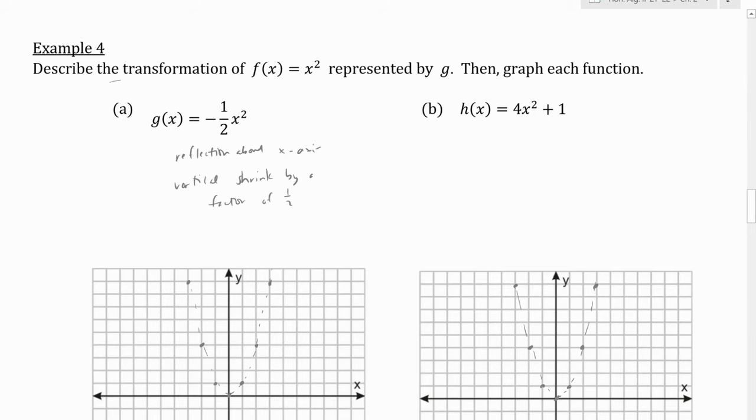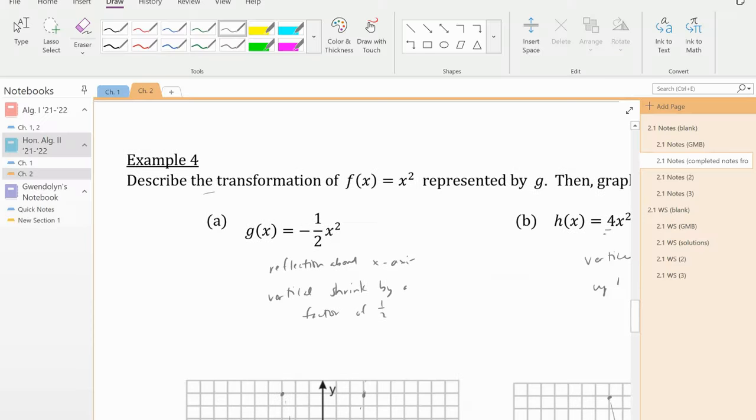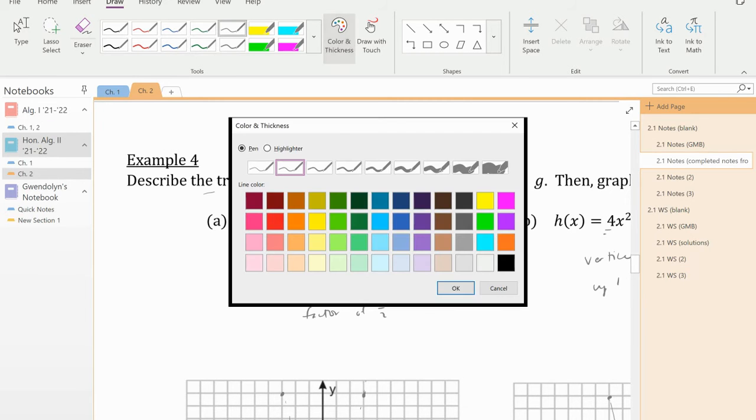Okay, over here, we've got a vertical stretch by a factor of 4 and up 1. All right, so let's go through here. Trade colors again. I like the purpley colors.